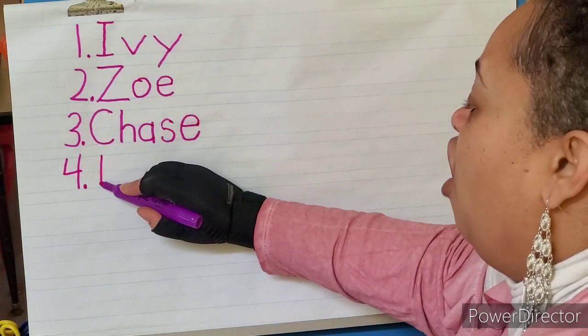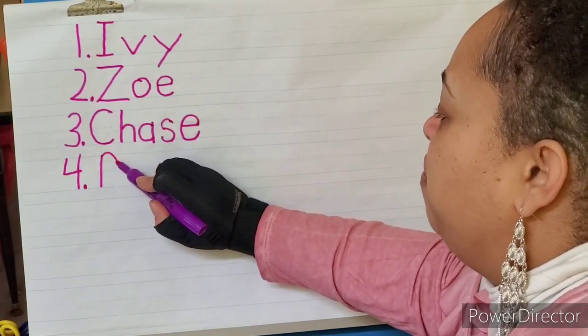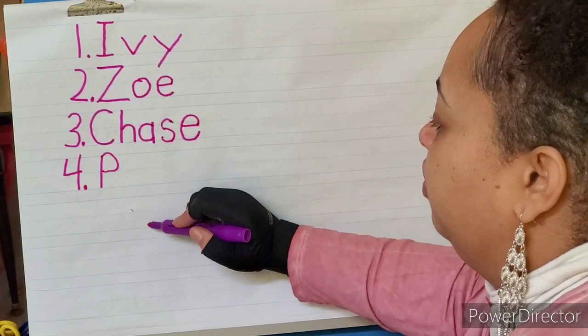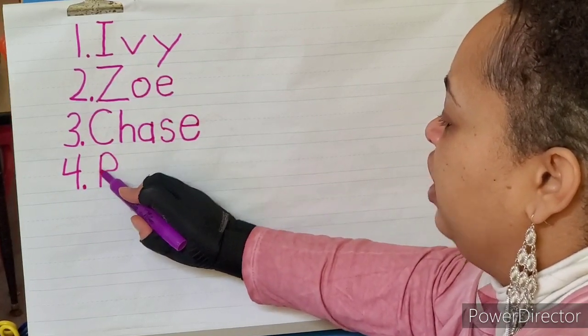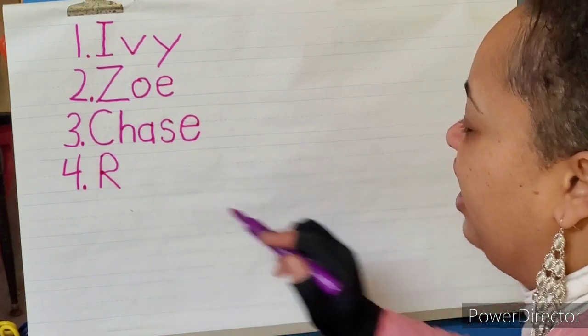We're going to start with a long vertical line. We're going to come around with a little belly and stop in the middle. Then right there where we stopped, we're going to bring a short diagonal line.